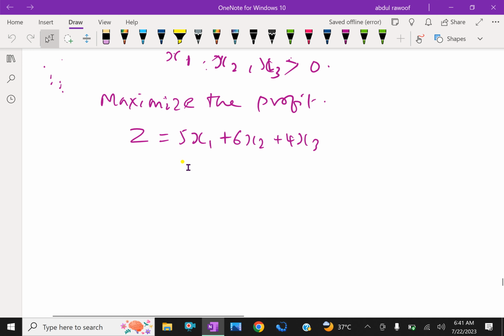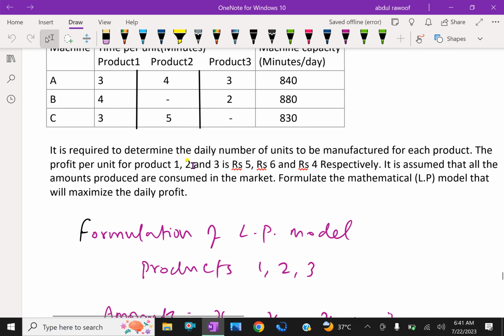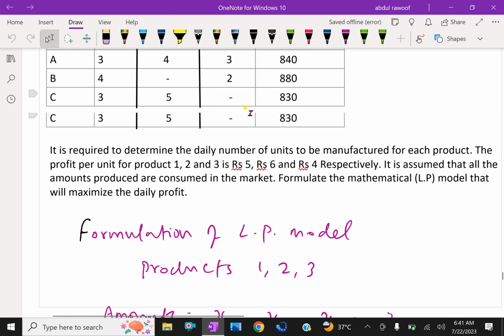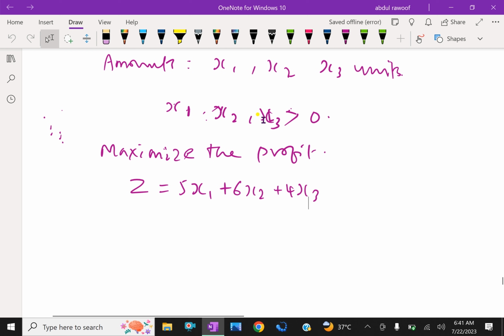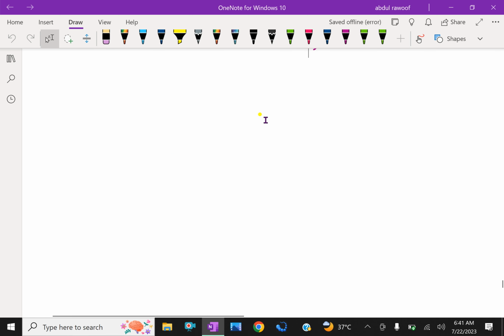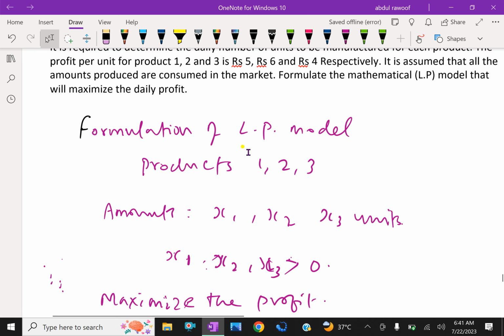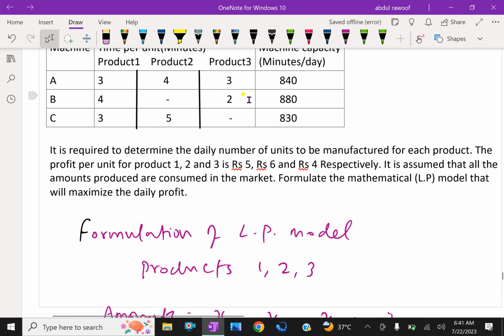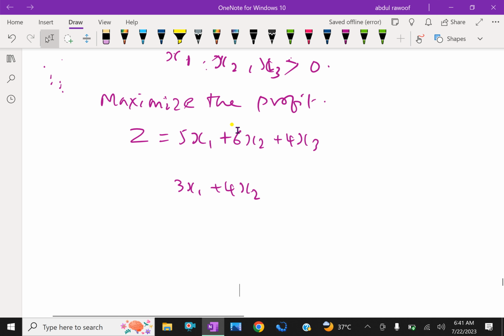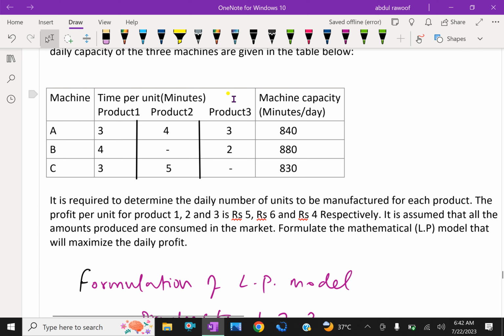Therefore, we have 3x1 plus 4x2 plus 3x3 is less than or equal to 840.